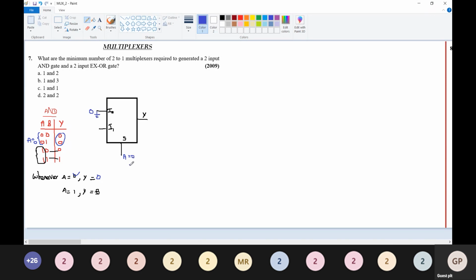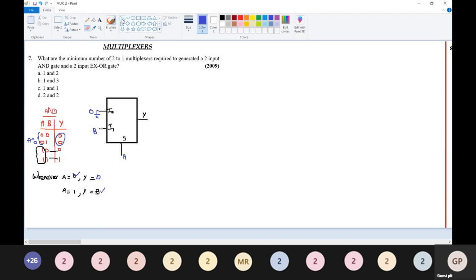When A is equal to 1, I1 will be selected, which should be equal to B. So this is an implementation of the AND gate using a 2:1 multiplexer.